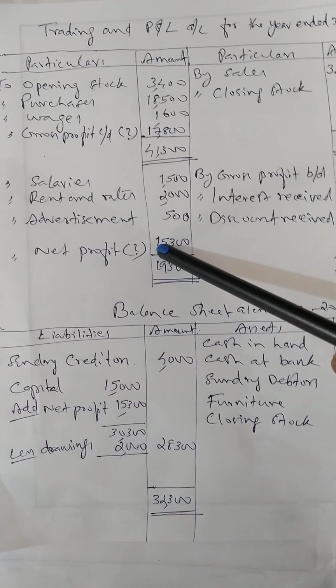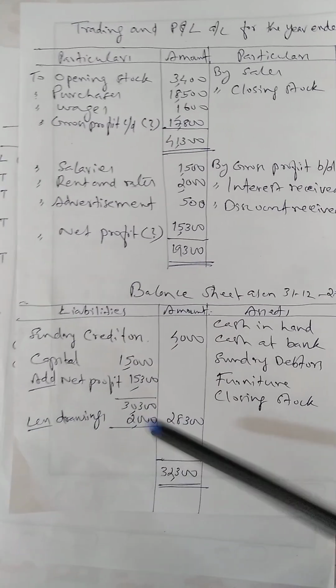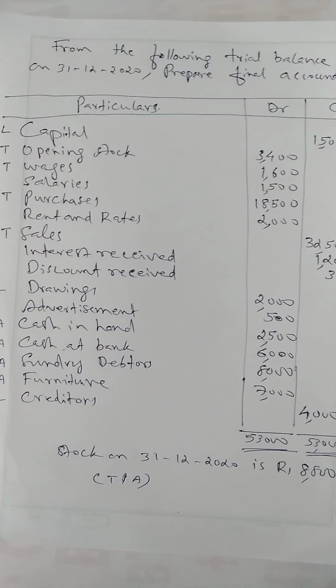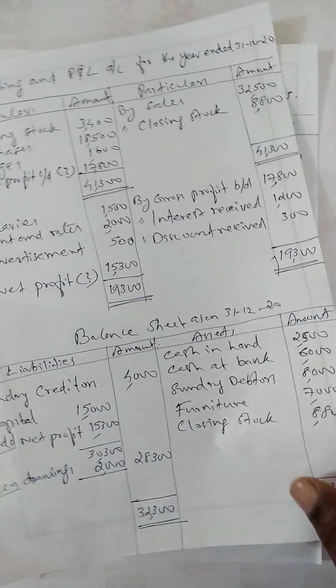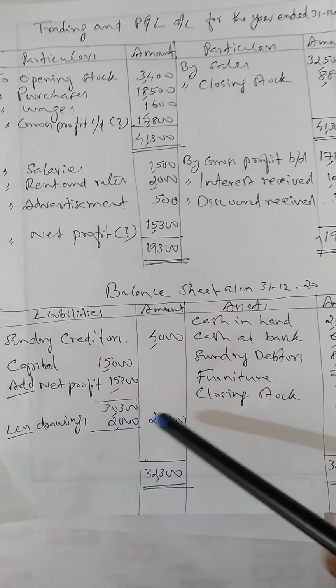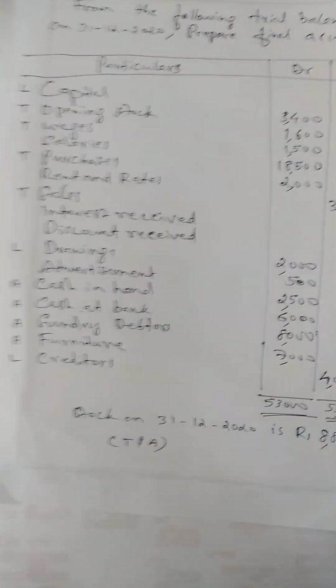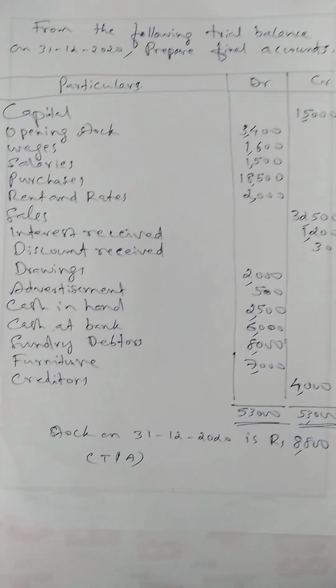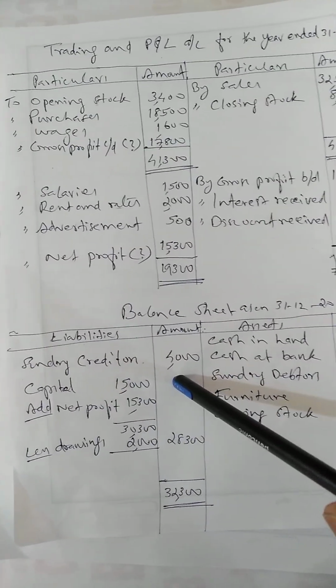Okay, the same net profit is to be added here. And then drawings is in the question. Drawings 2000 is there in the question. It is deducted. Okay, the remaining is shown here. Then sundry creditors is here, which is a liability. It is also written here, sundry creditors.